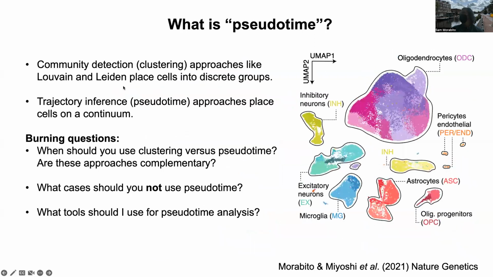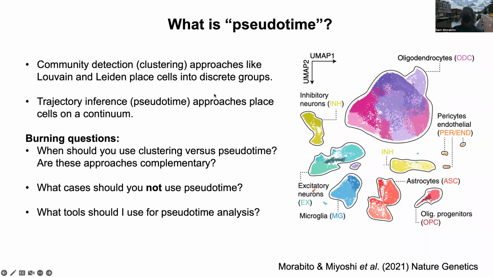I want to talk about a couple of the questions we might have about pseudotime in general. The figure on the right is from my research, and it's very typical of what you would see when you do single cell RNA-seq. We have gene expression data and we have clusters, so cells grouped into discrete bins.